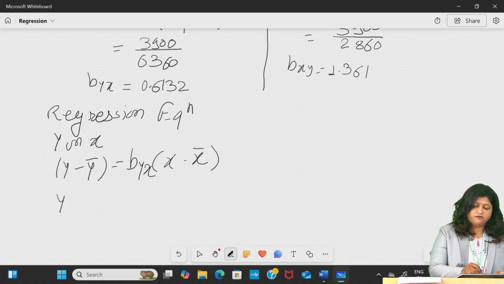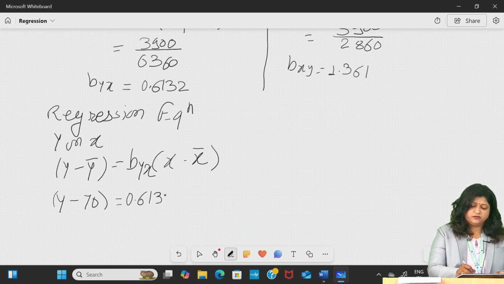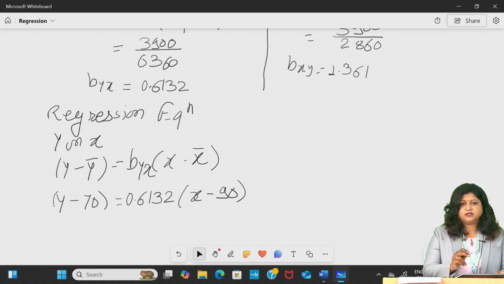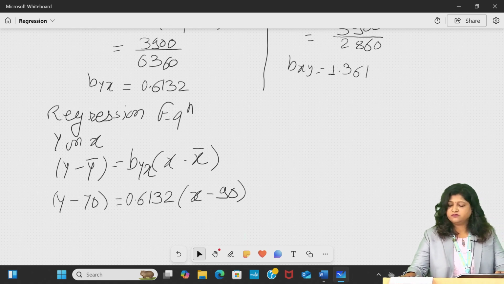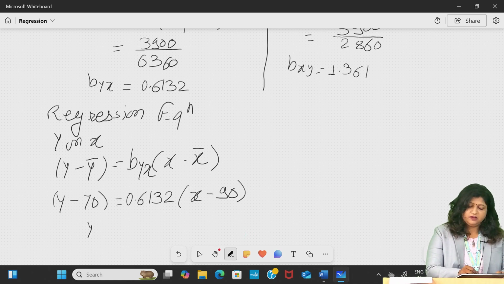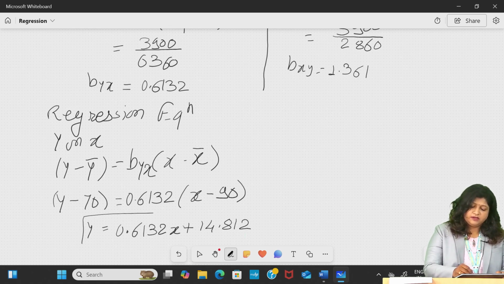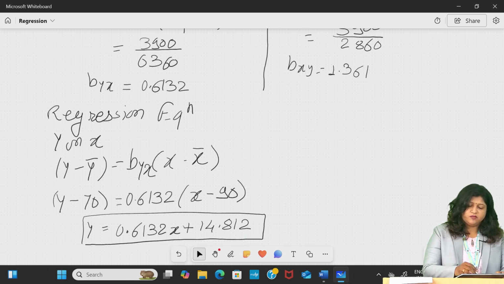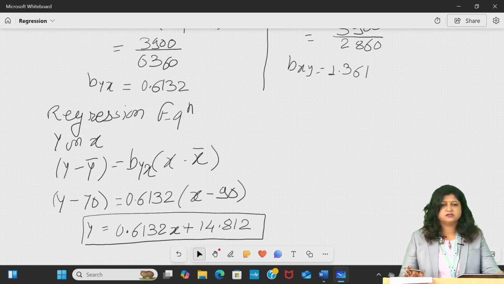We know the value of y bar, that is 70, and the value of byx, that is 0.6132, into x minus x bar, which is 90. By solving this equation, we get y is equal to 0.6132x plus 14.812. Now this equation is in the form of y is equal to a plus bx.